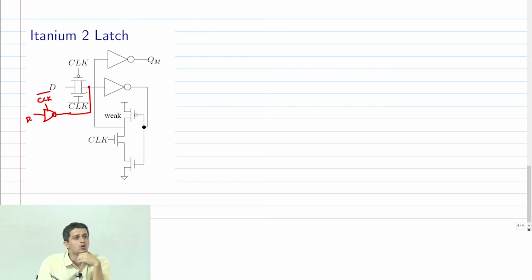So if this node happened to be, let's say, a 1, okay? That means the feedback path is holding a 1, therefore this is a 0. That means in that condition, if I want to now flip the flop, if I want to flip the state, I want to make this 1 go to 0.